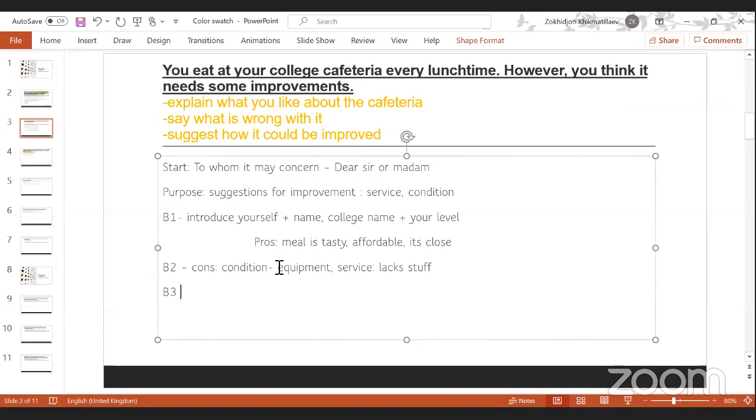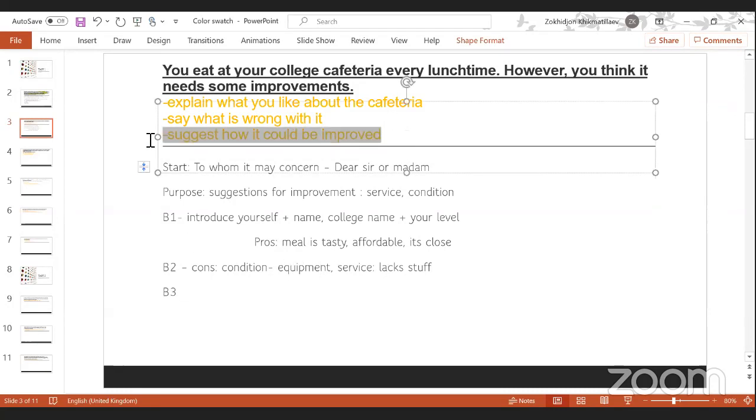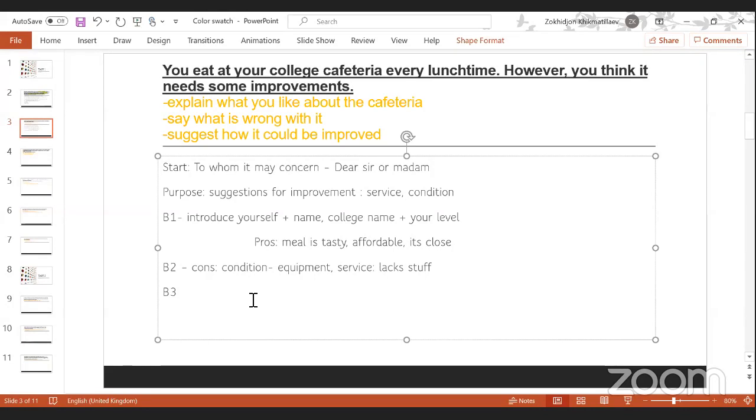Okay, now you must have B3 because it says how it can be improved. So how can they improve their condition and service? They can buy new equipment. Okay. Это же университет, да? College. Oh, college. Yeah, it's a college cafeteria.